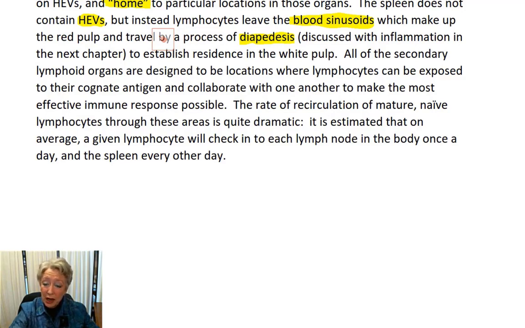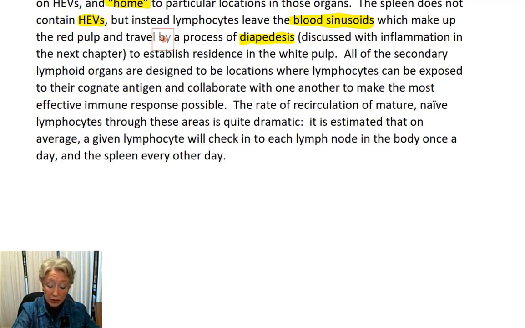Now, realize that in order for this process to work, I have to hypothesize, and indeed I can prove by radiolabeling, that each mature naive lymphocyte from the primary lymphoid organs is going to have to make circuits of the body looking for this material that binds to its receptor.